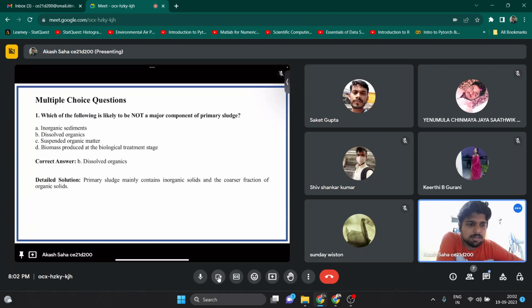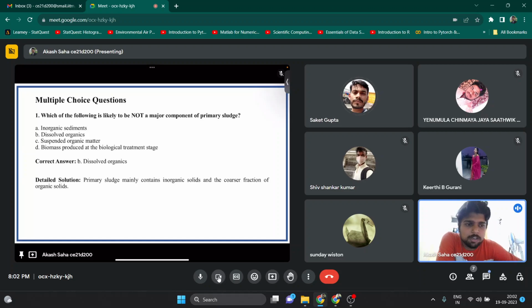The major idea behind this question is that in the primary sludge, most of the settleable part will get removed, which is easily settleable. Dissolved organics cannot be settled. So the major component which is not a part of primary sludge is the dissolved organics.